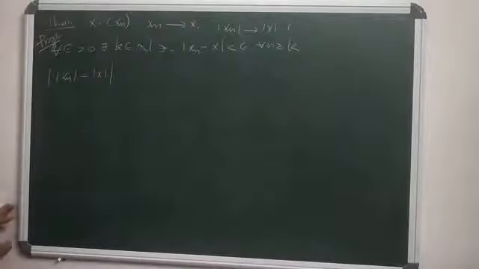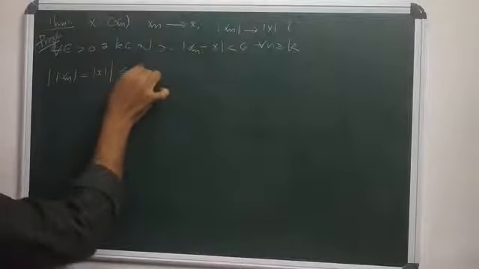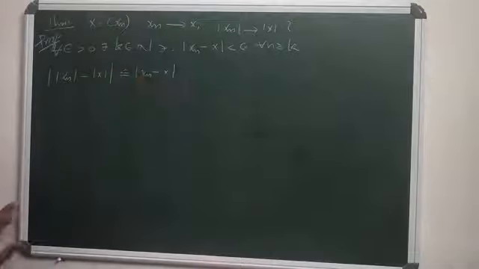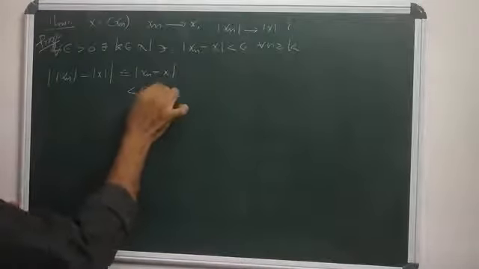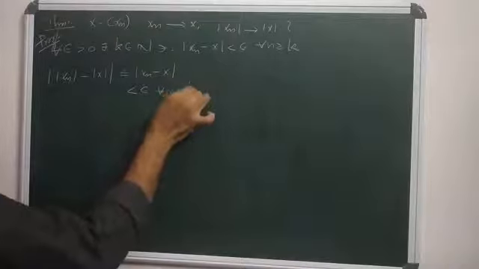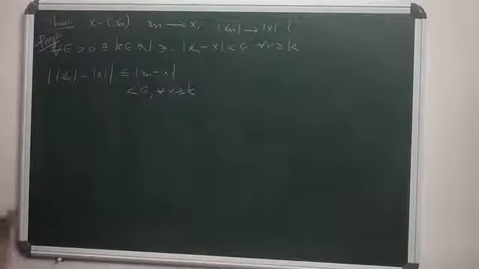We know that ||xn| - |x|| <= |xn - x|. Okay, that's immediate. But what is |xn - x|? That is strictly less than epsilon for all n >= k under this condition.